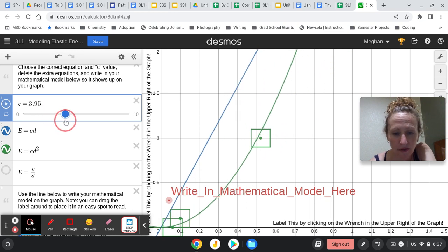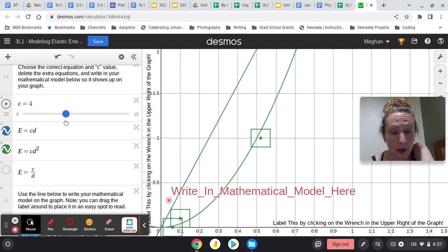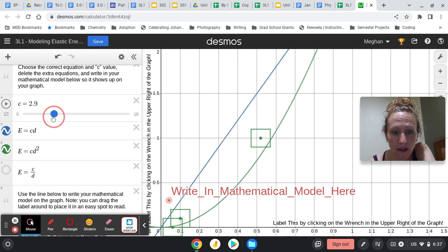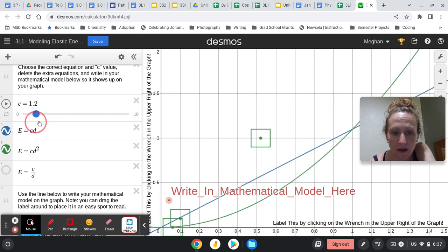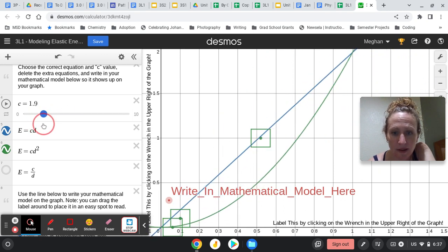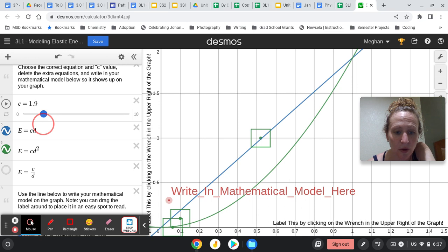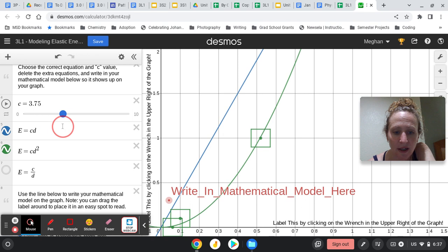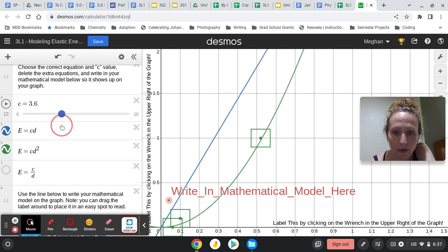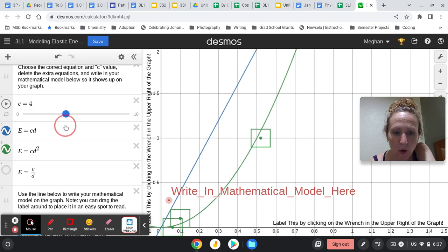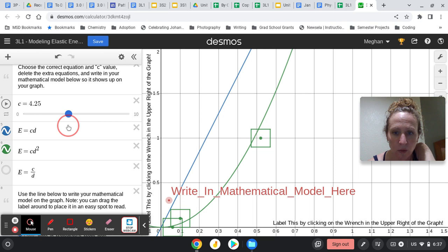Okay, the green definitely seems to be fitting the best. Again, it's not perfect, but it's fitting better than the blue. I can go back and compare. So this blue, the most I can get it to go through is 2, and then the other 2 are beneath it. The green, I can get it to go through 3 at a time, or 2 with 1 above it and 1 below.